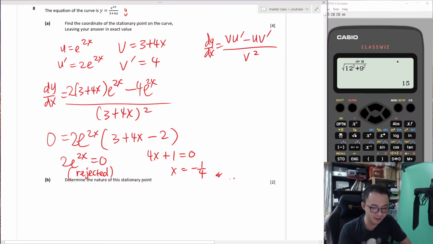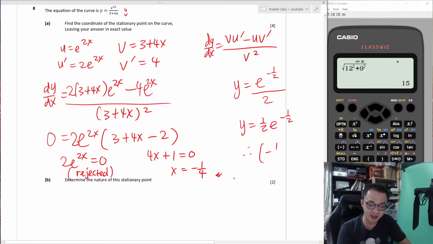Alright, then let's say exact value. I hope I don't make any careless mistake here. Then we sub in to find the y. So e to the power of negative 1 over 2 after I sub in here. Then this is 3 minus 1 is 2. So I will say this one is half e^(-1/2).